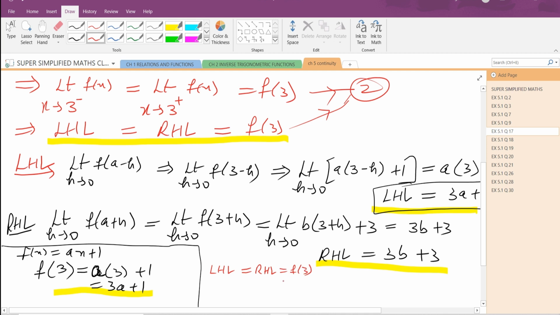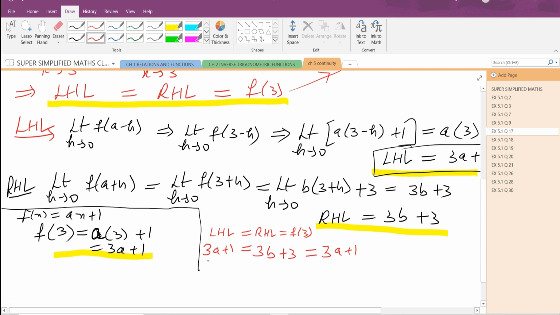The value of the left hand limit, right now you have got it to be 3a plus 1. So we write 3a plus 1 in place of the left hand limit. The right hand limit is 3b plus 3, and the value of the function at the point 3 is also 3a plus 1. So there is no need for us to write 3a plus 1 two times. We can take this equation and equate it.